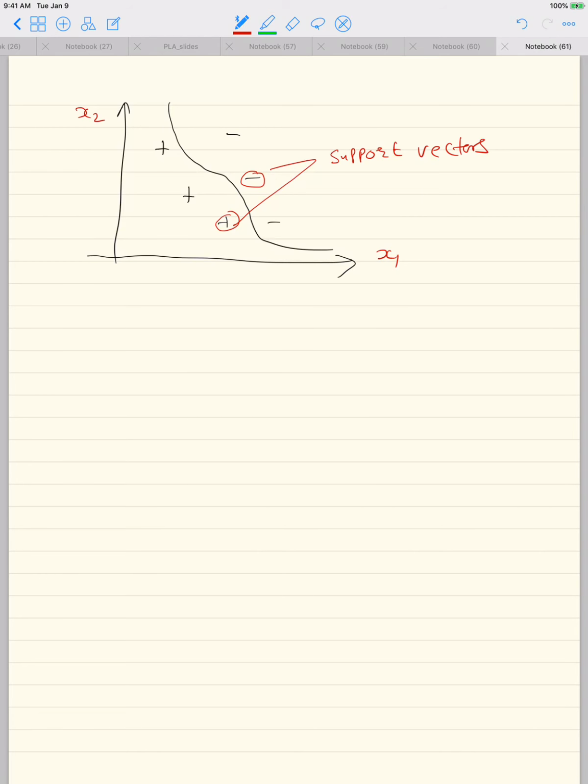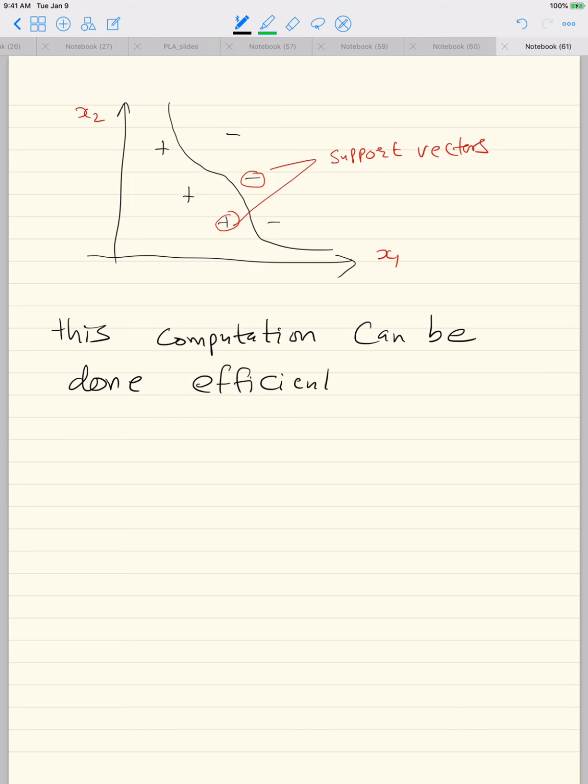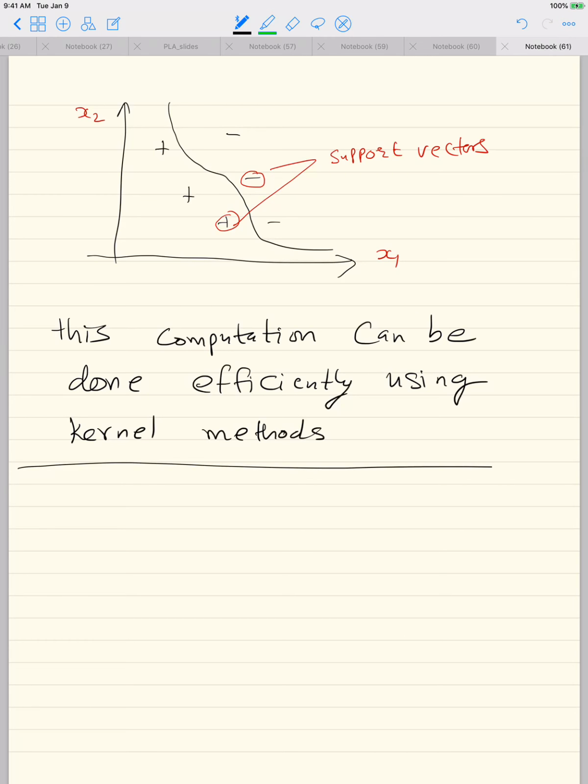And all this computation can be done very efficiently using kernel methods. So if we had to compute a complex decision boundary, we will apply a nonlinear transformation, and the kernel method will allow us to do this computation rather easily. So this ends our discussion of support vector machines.